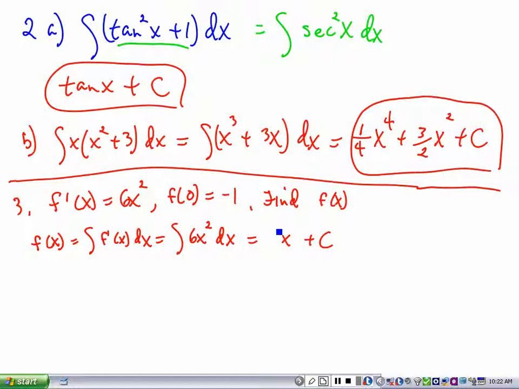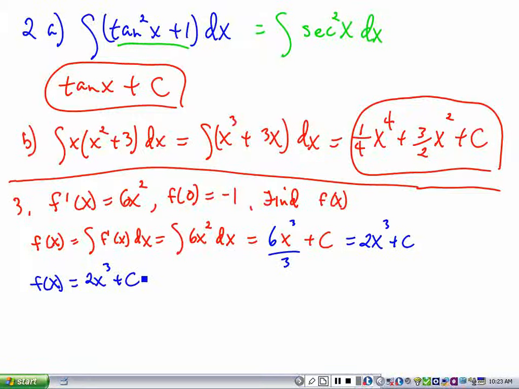This is 6x to the third divided by 3 to help my lame brain out. This is 2x to the third plus c. So in other words, we get f of x is equal to 2x to the third plus c.